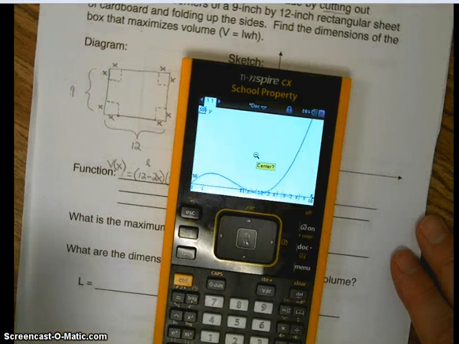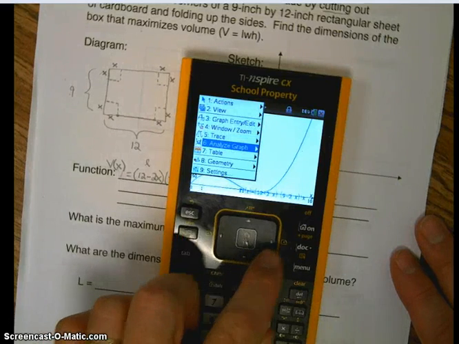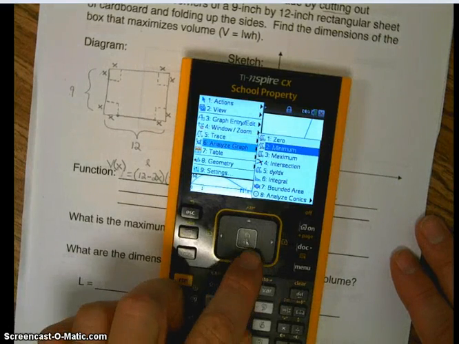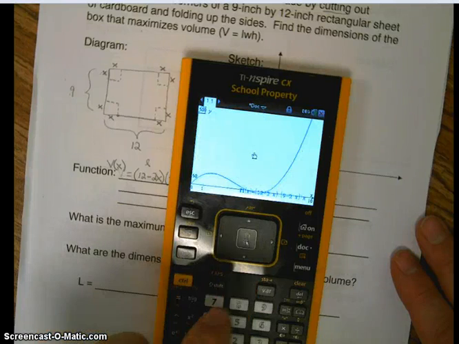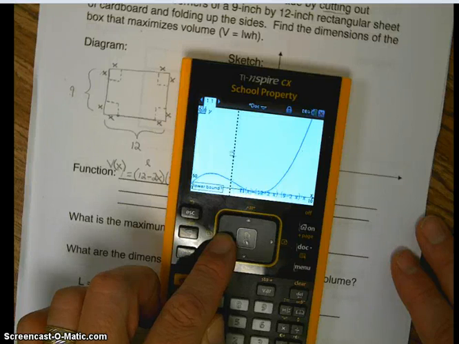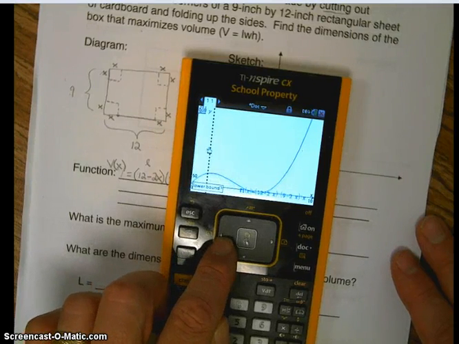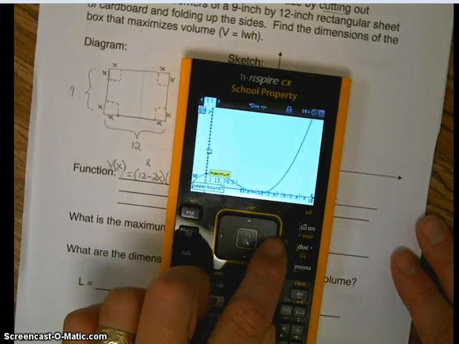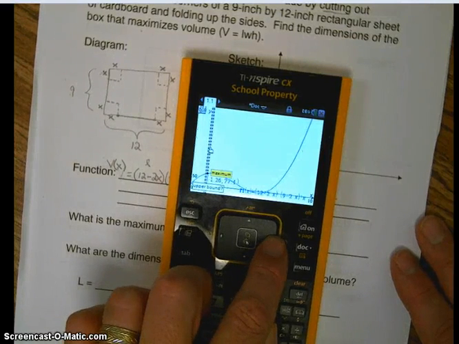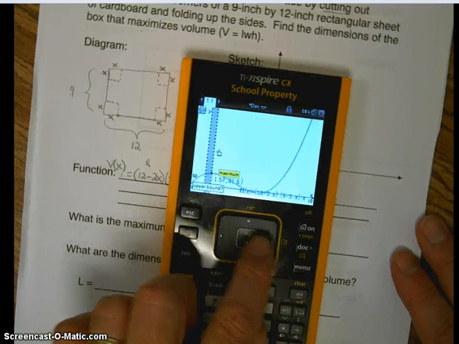So let's go ahead and maximize this menu. And we'll analyze the graph. We're looking for maximum. And we'll go to the left of the maximum. And then to the right. This thing goes so slow.